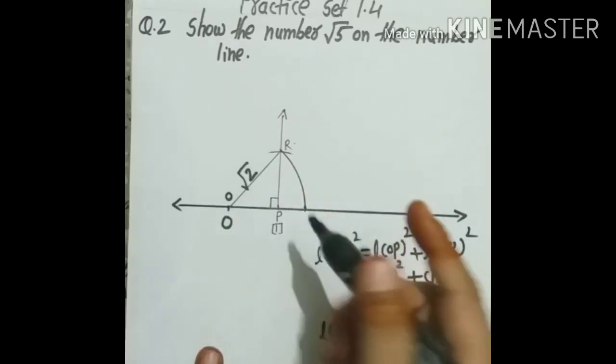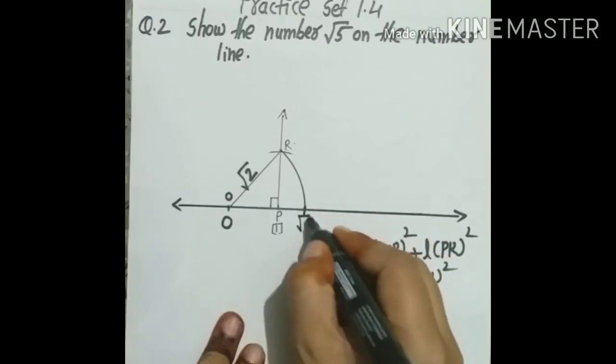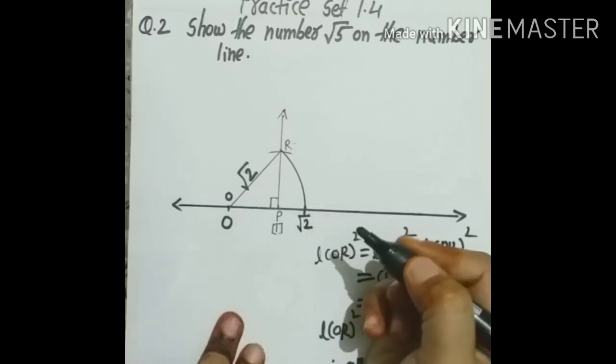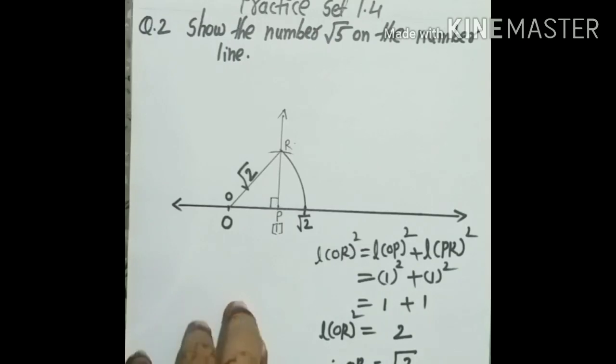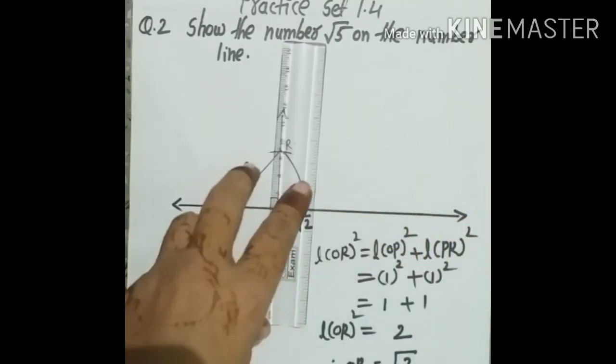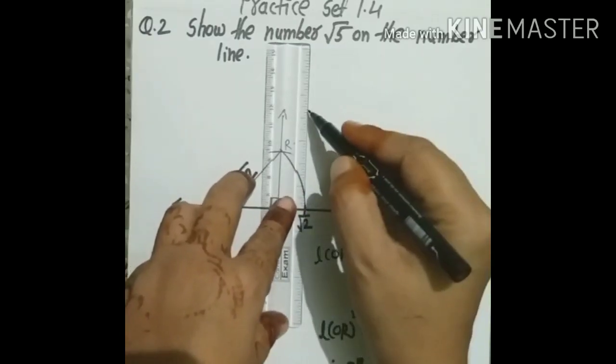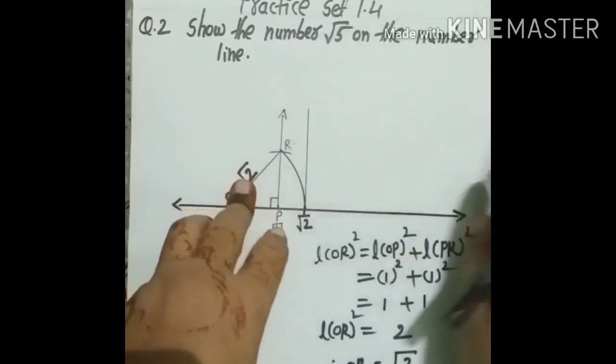Here, where this arc intersects the line, it is known as root 2. Now again children, draw one perpendicular line joining this arc, exactly.